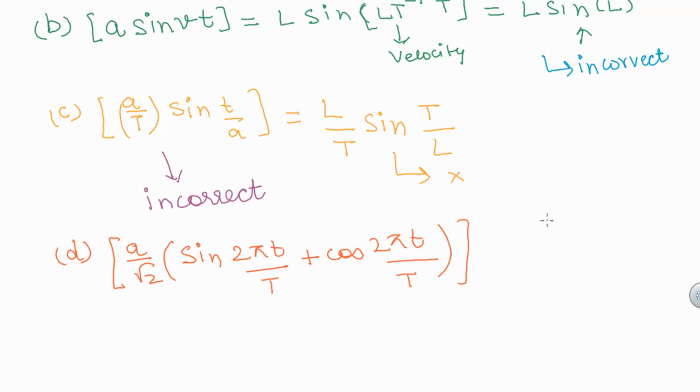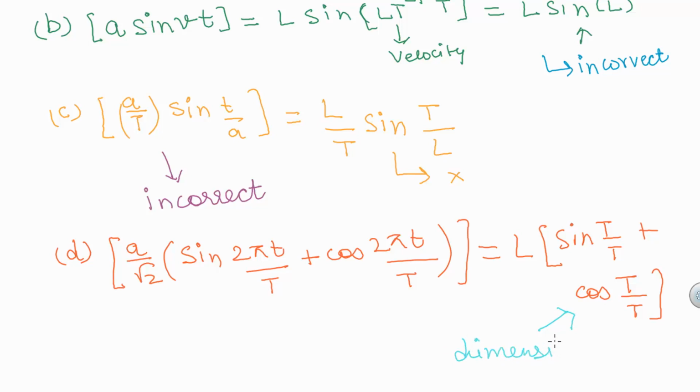Now dimension of this relation is L times sin(t/T) plus cos(t/T). Now in this case, our trigonometric function is dimensionless. So this relation is also dimensionally correct.